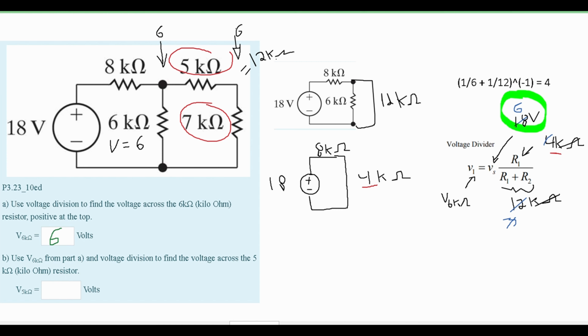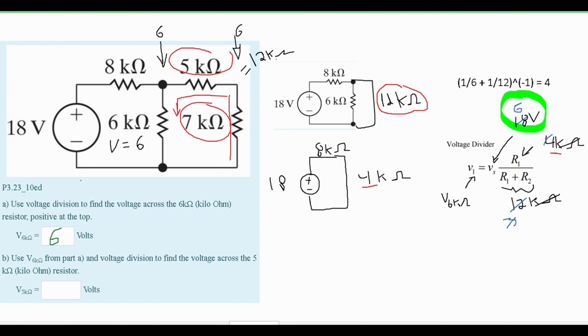Voltage is just resistance times current, and we know the current in a series of resistors is the same throughout. So basically what I'm saying is that the current located in our 7 kilo ohm and 5 kilo ohm resistor here is exactly the same. So what we can do is take our combined resistor right here and our newfound voltage and get the current.